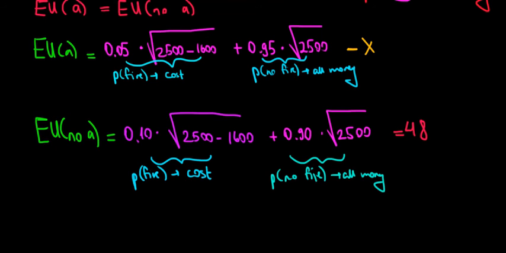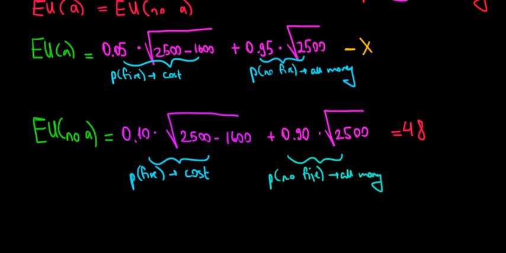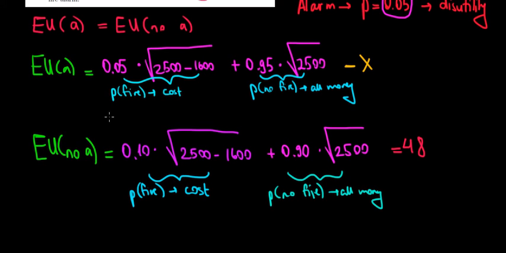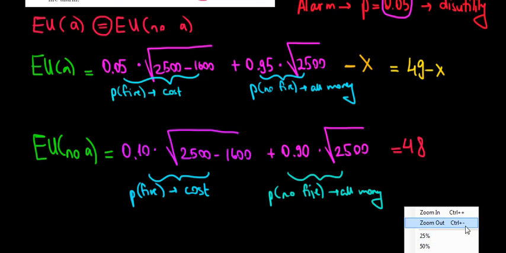Okay, now we have to make them equal, right? That was what we were looking for. We have to make the expected utility of using an alarm equal to the expected utility of not using an alarm. What we also have to calculate is this expected utility over here. And that expected utility is equal to 49 minus x. In other words, if we want to make them equal, let me just zoom out to get some more space over here.